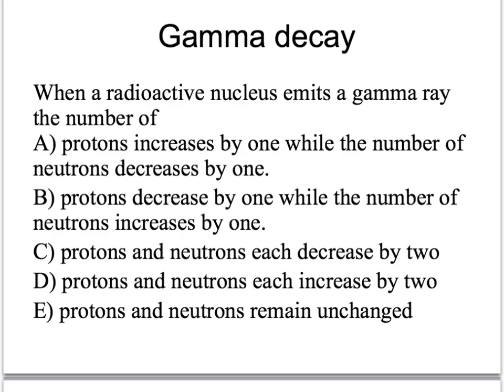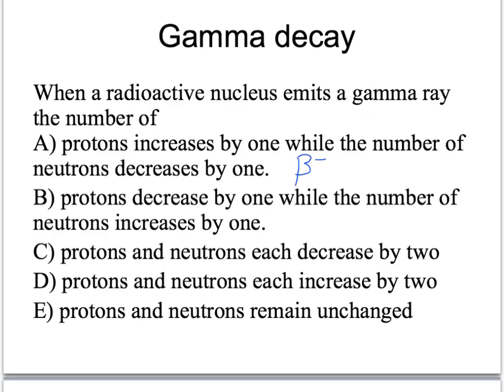Option A. Protons increase by 1 while the number of neutrons decreases by 1. Well, what type of decay would that be? Stop and think about it. If you increase your protons, you had to lose a negative to gain a positive, so that would be beta minus decay.